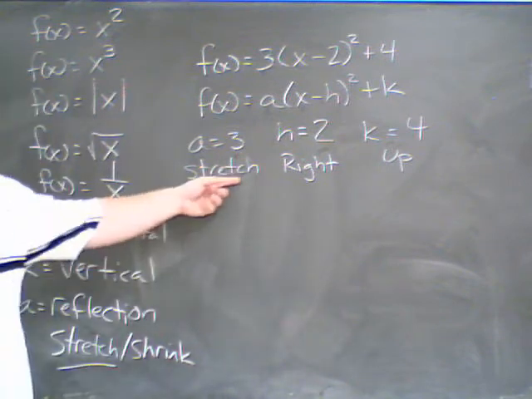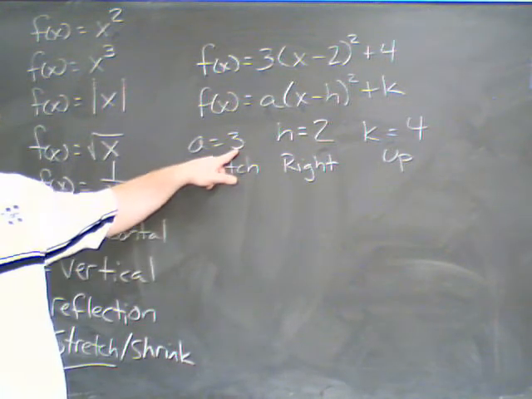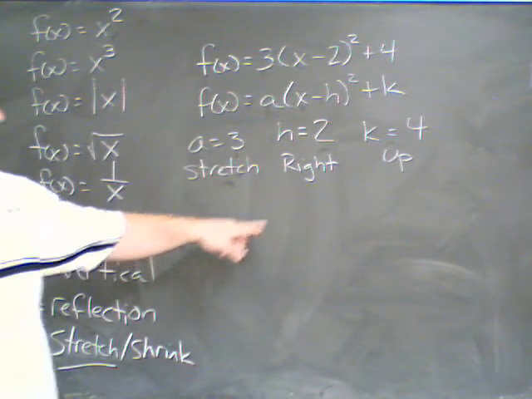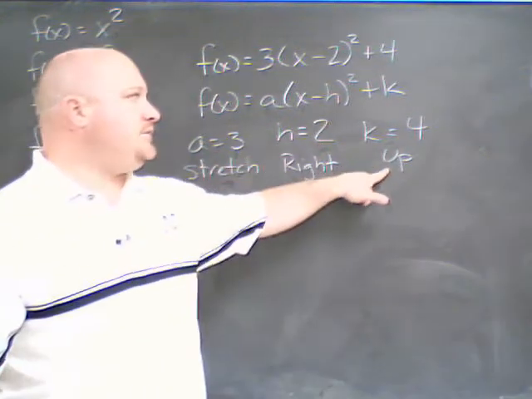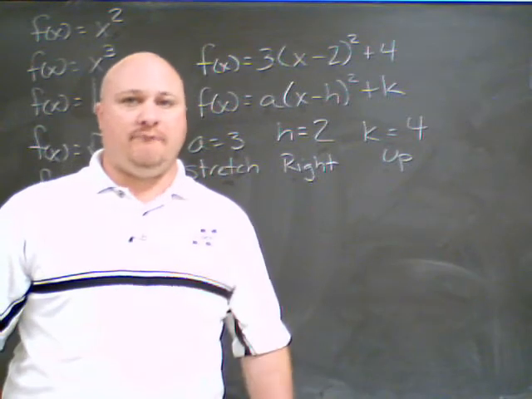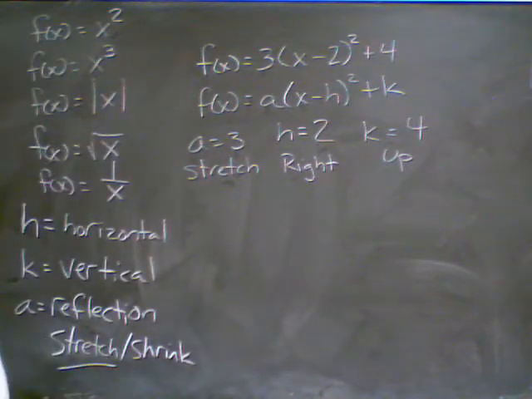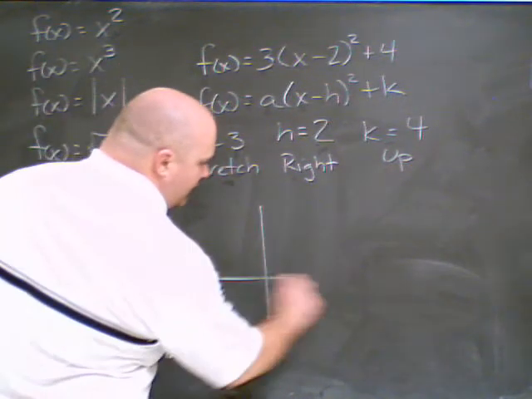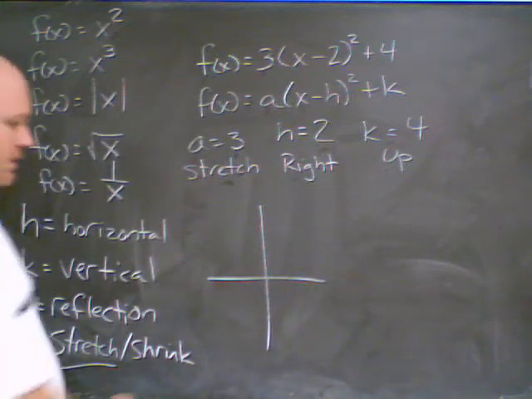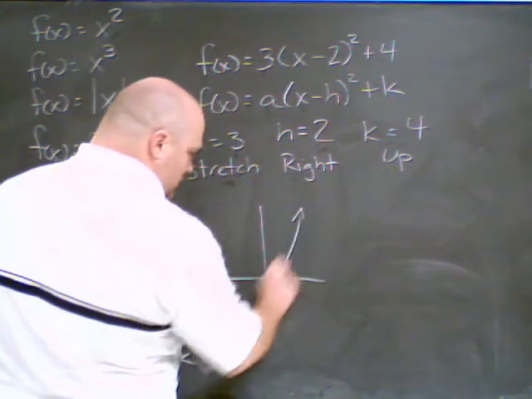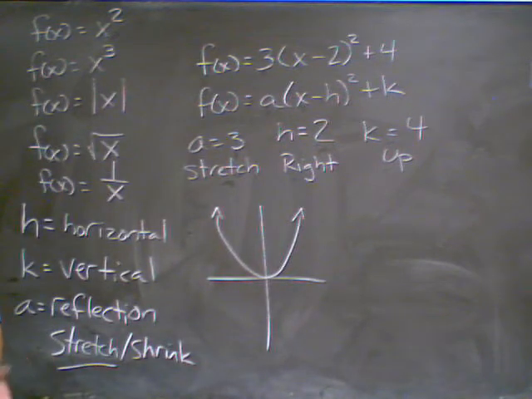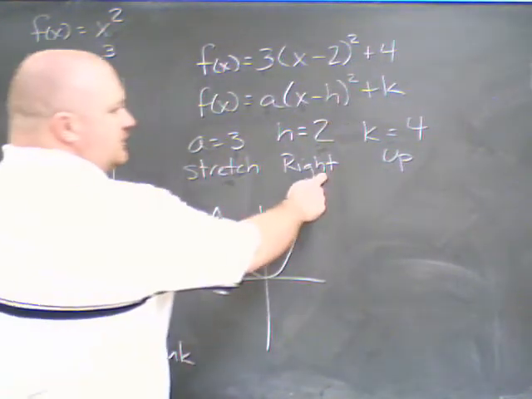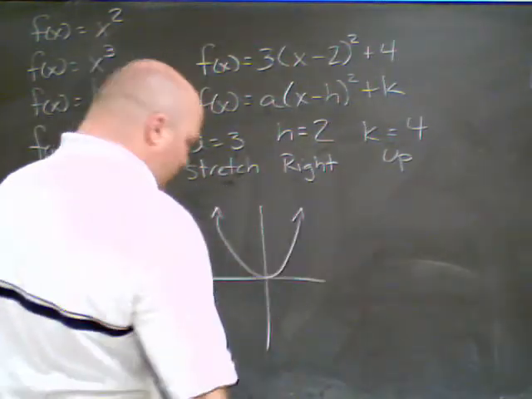So we have a stretch thanks to a value of a of 3. It moves to the right because of our h value of 2. It moves up because of our k value of 4. So if, again, our original looks like this, it's going to the right 2 and up 4.